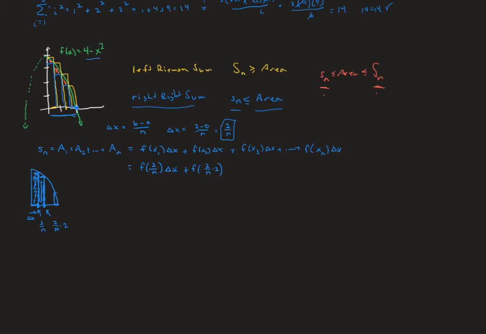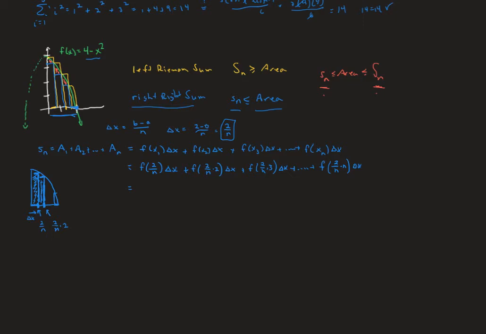I have a reason for doing this, and that's going to be times delta x. And hopefully you're kind of seeing the pattern. The next one is going to be f of 2 over n times 3. That's going to give us the height times delta x, plus all the way out to the nth one. And I know that's going to be actually 2, but I'm going to call that f of 2 over n times n, times delta x.